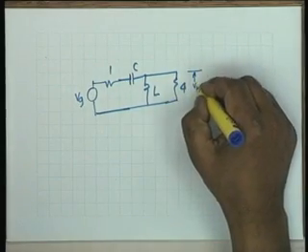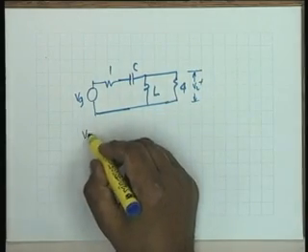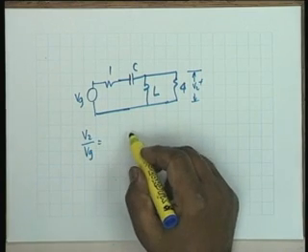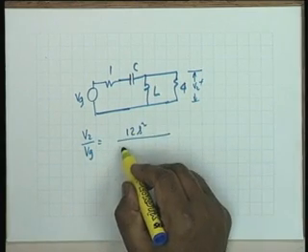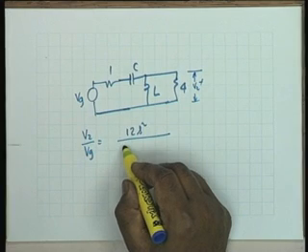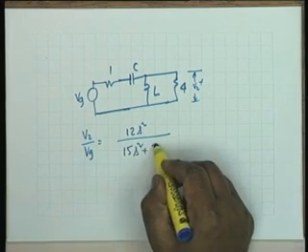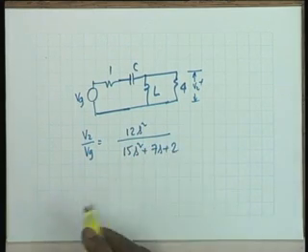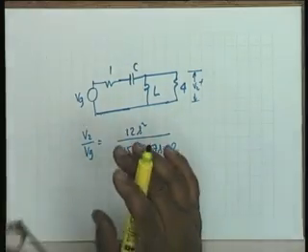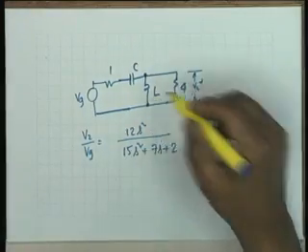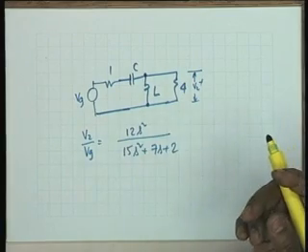So this is V2, and V2 by Vg is given as 12s squared divided by 15s squared plus 7s plus 2. Okay, one step is done, that we have guessed the structure correctly, hopefully. The next step is to find the values.